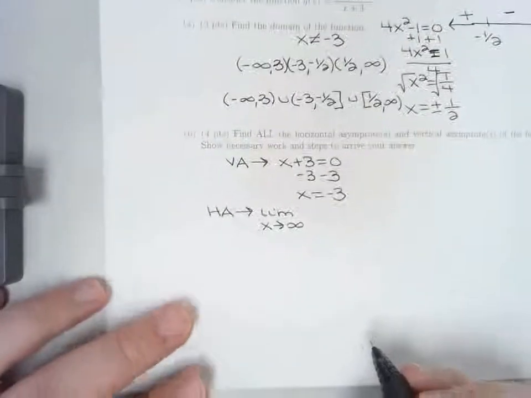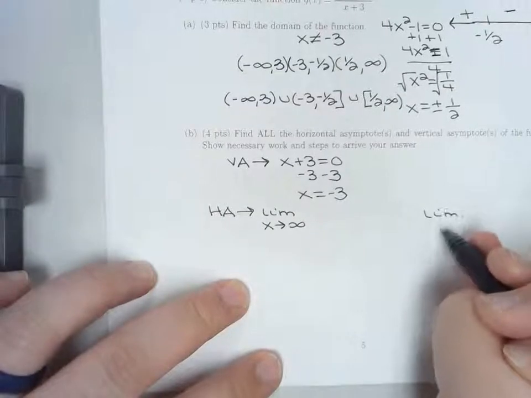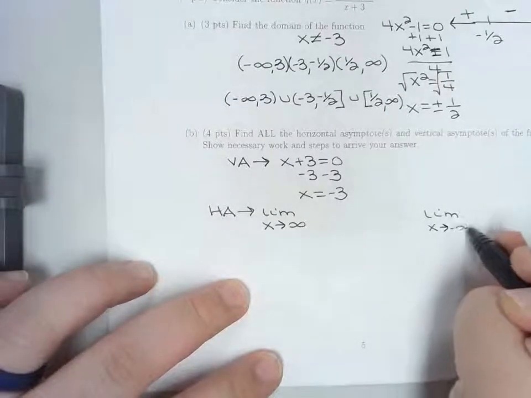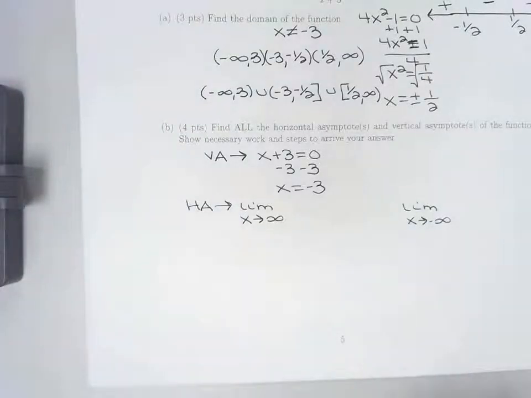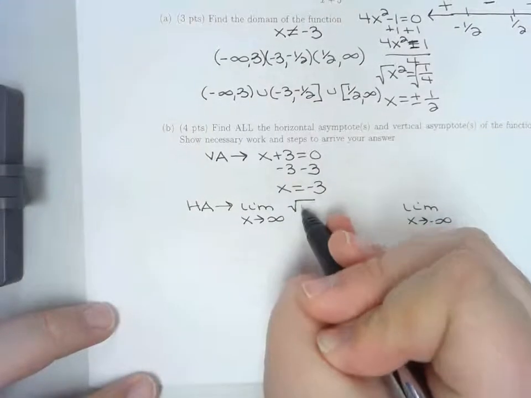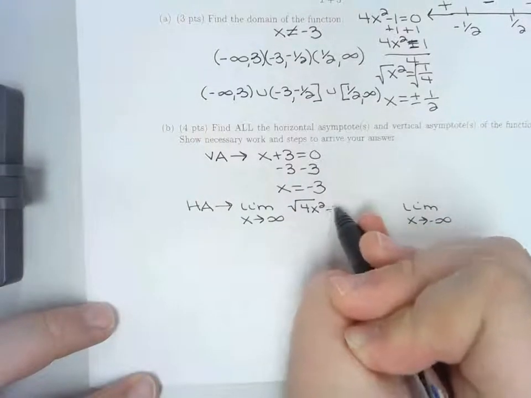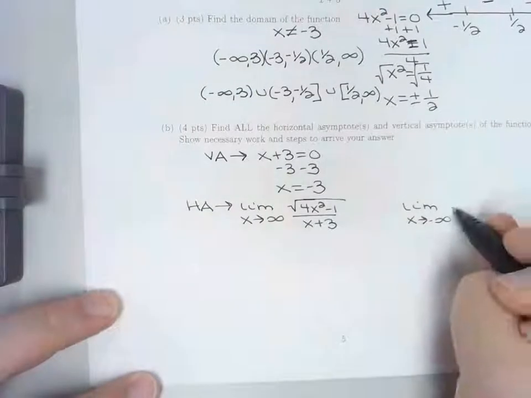So the limit as x goes to positive infinity, and the limit as x goes to negative infinity, because they could approach a different limit on the left and a different limit on the right. So the function is the square root of 4x squared minus 1 over x plus 3.